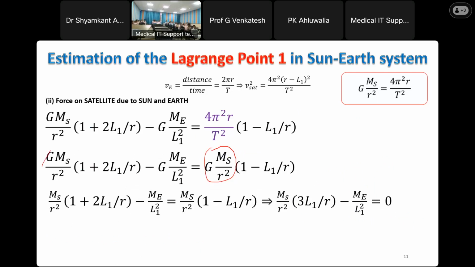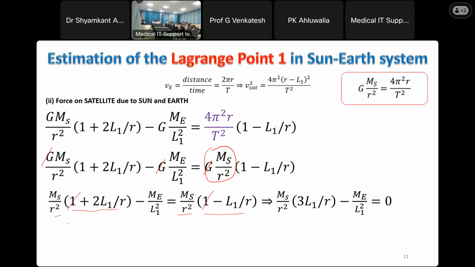where G is common, so the gravitational constant can be eliminated from our equation, and Ms upon r square into 1 minus twice L1 upon r minus Me upon L1 square, that is equal to Ms upon r square times 1 minus L1 upon r. Now this can be further simplified as Ms upon r square times this 1, and here we have Ms upon r square.